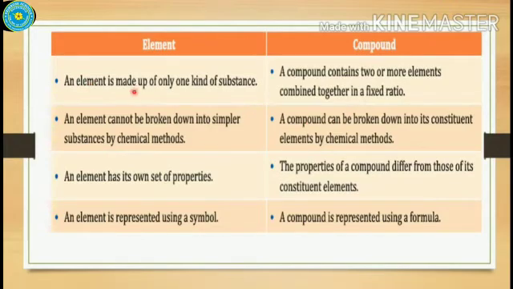An element is made up of only one kind of substance. For example, the elements hydrogen, oxygen or nitrogen, or the elements present in the periodic table, are made up of only one kind of substance. Whereas a compound contains two or more elements combined together in a fixed ratio.